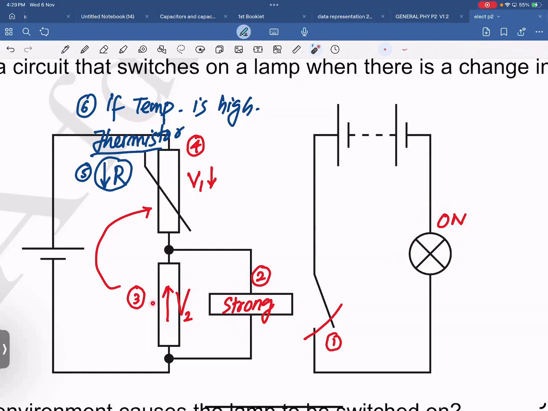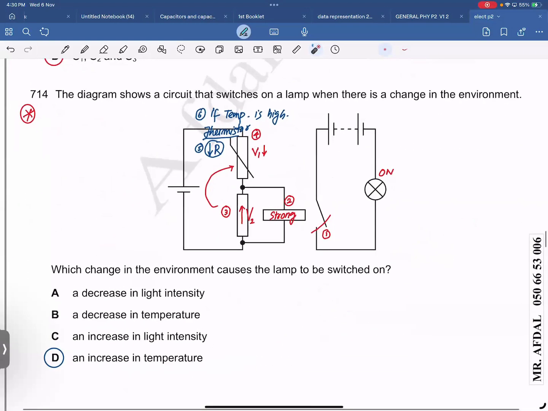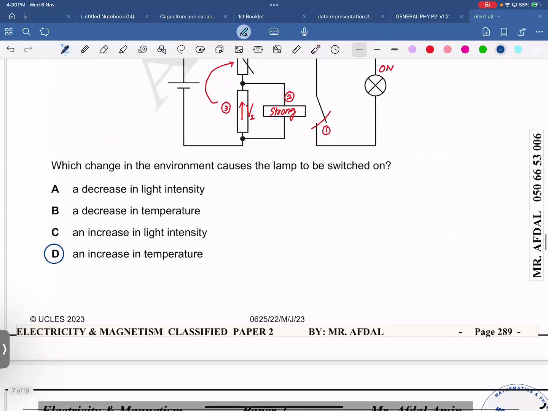If V2 is very high, it means V1 will be very low. V1 can be only low when the resistance is low. Resistance of thermistor can only be low if temperature is high. The right option is D. This is the best explanation in the history of mankind. Thank you.